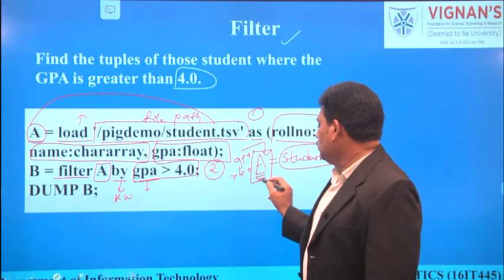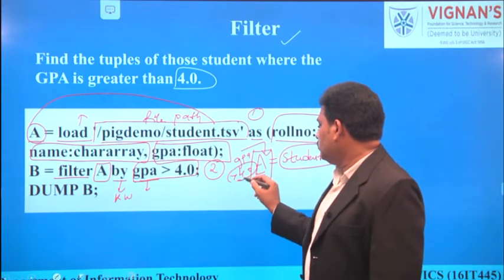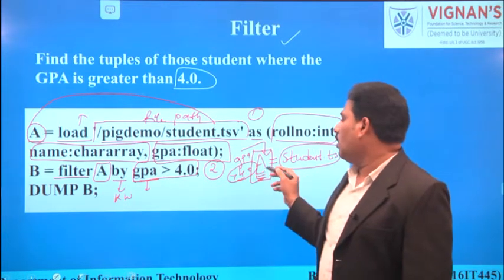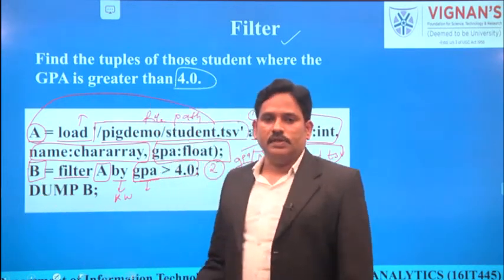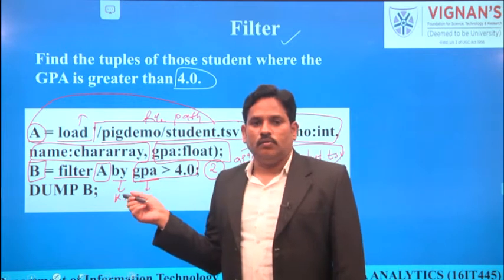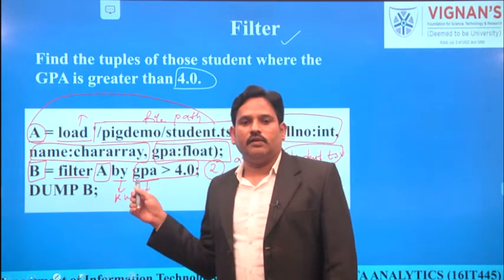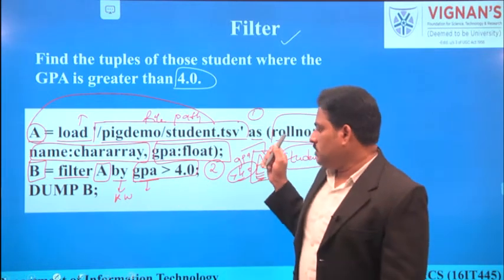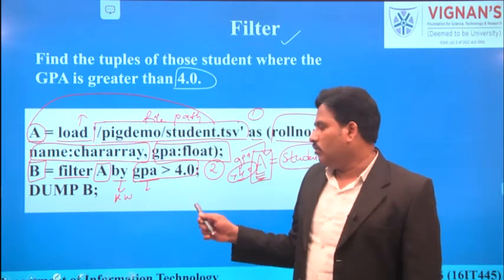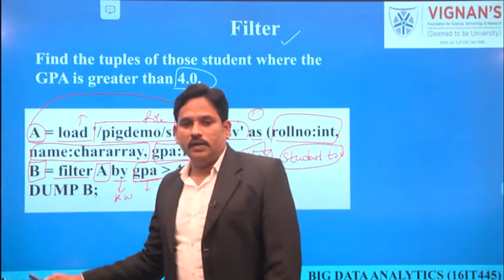All the records which satisfy the condition are moved into B. That means after applying the condition, all the student information whose GPA is greater than 4.0 is going to be stored in B.